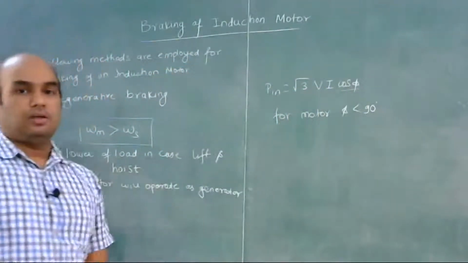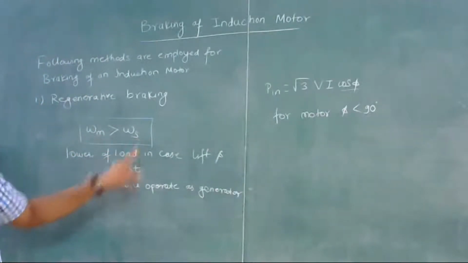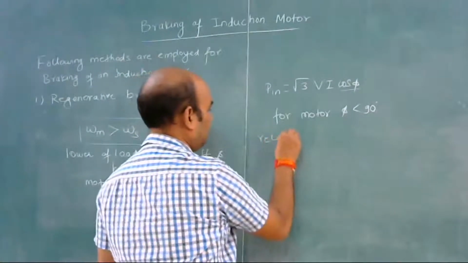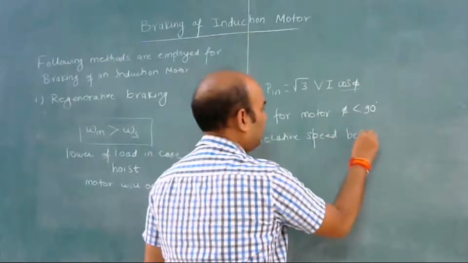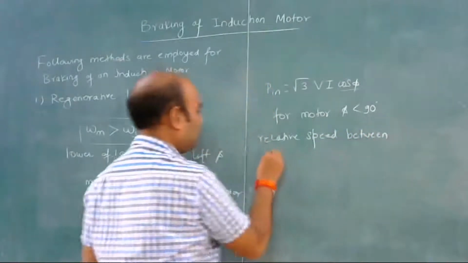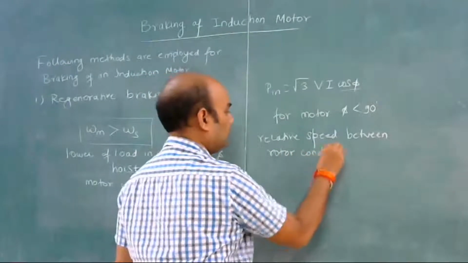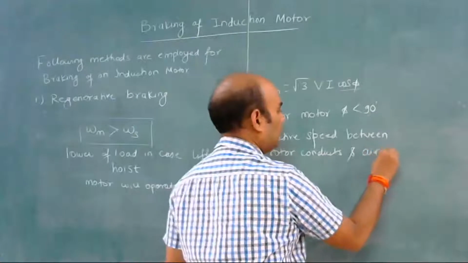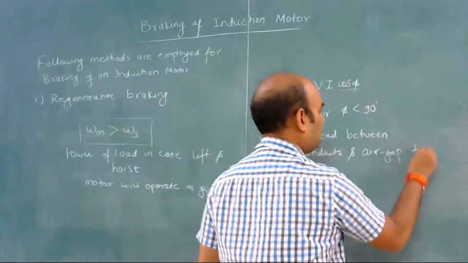If the speed becomes greater than omega s, then the relative speed between the rotor conductors and the air gap field will get reversed.